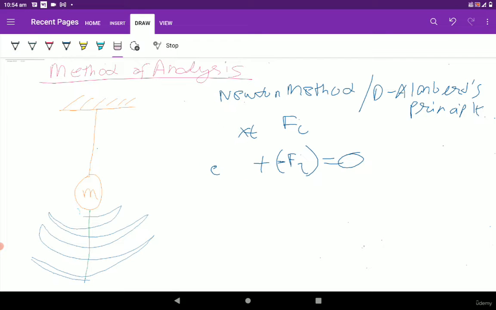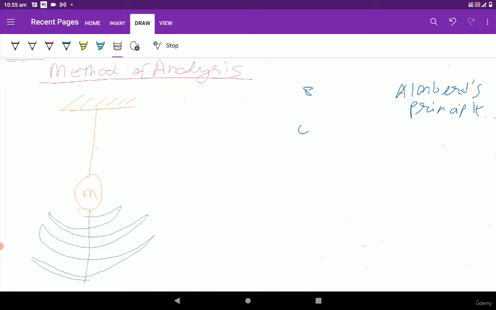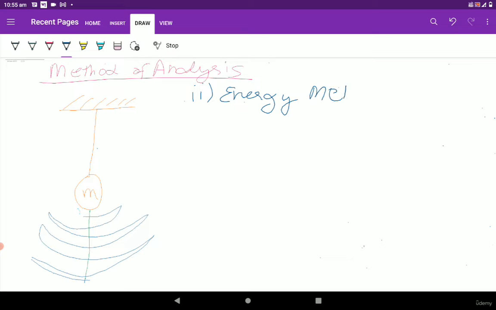Now the second method of solving this type of question is the energy method. How can we solve that?